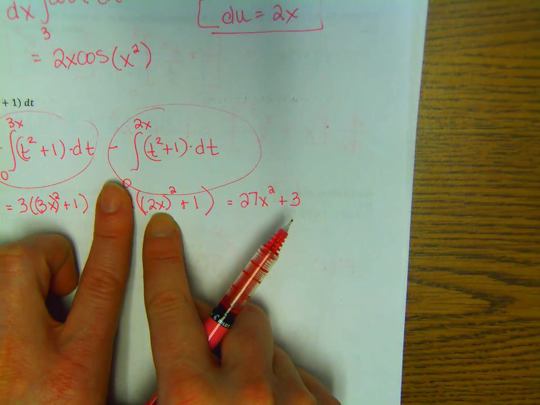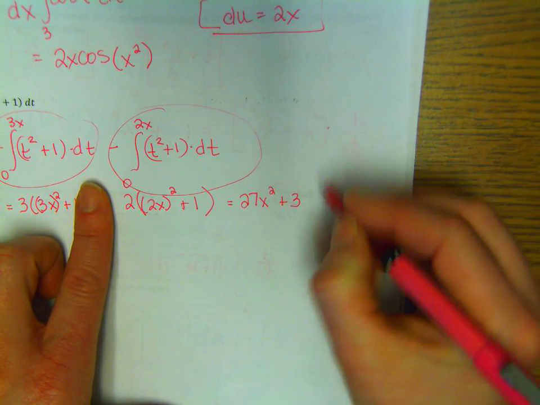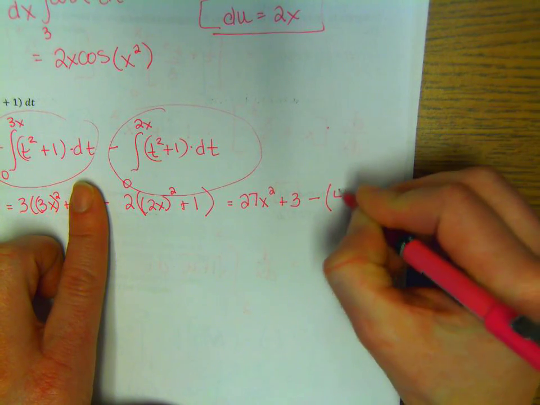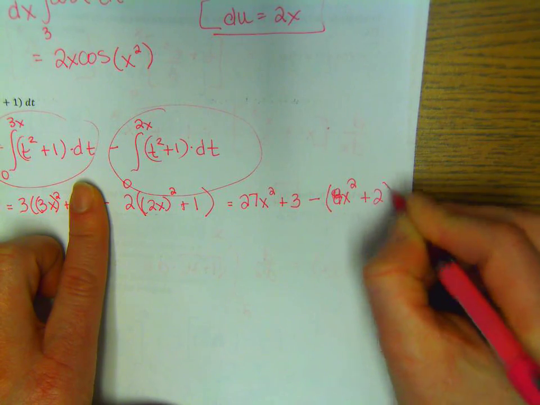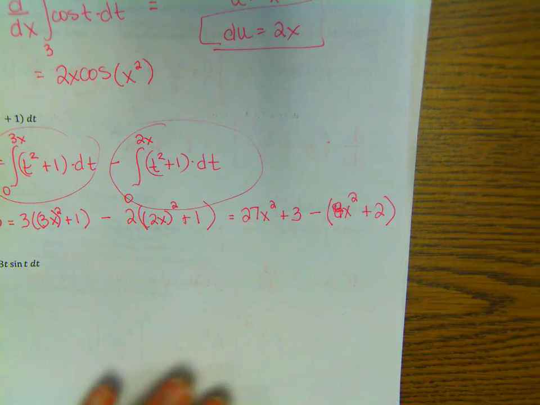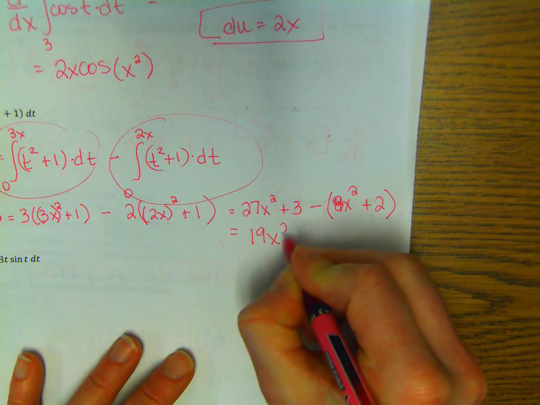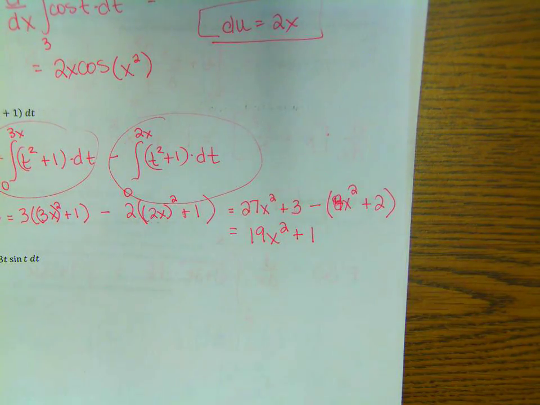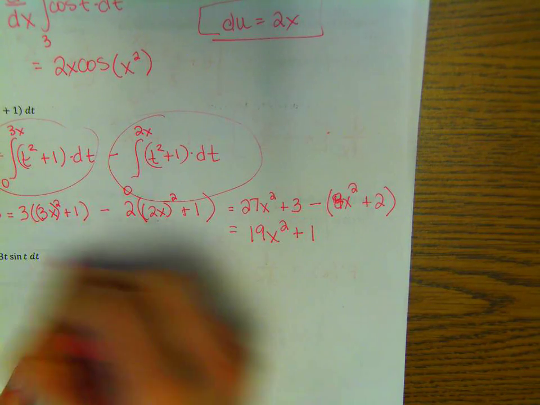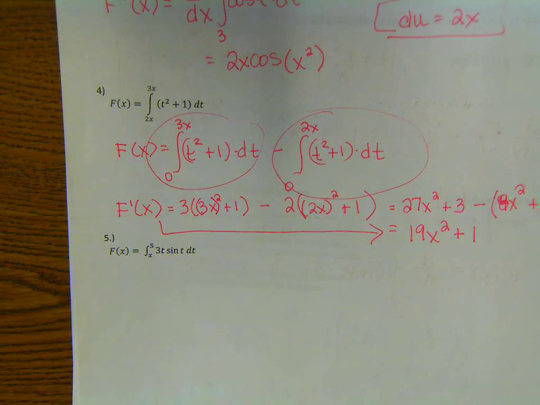What's (2x) squared? 4x squared. Distribute the 2. This would be minus 8x squared plus 2. But I'm subtracting this whole thing. What's 27 minus 8? So this would be 19x squared plus 1 is what f prime of x equals. I'm sorry, I should say capital F prime of x equals.